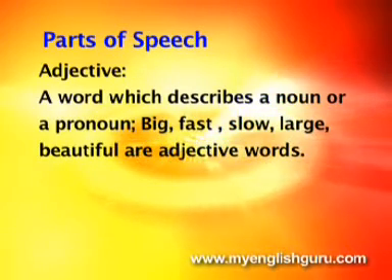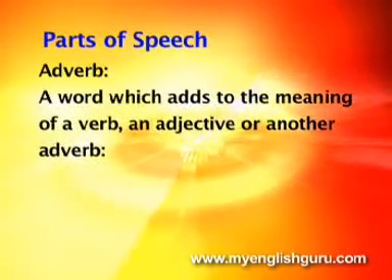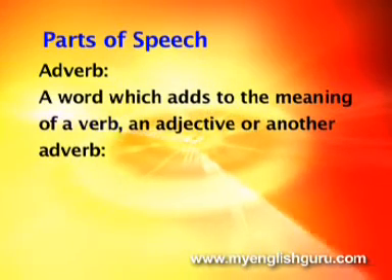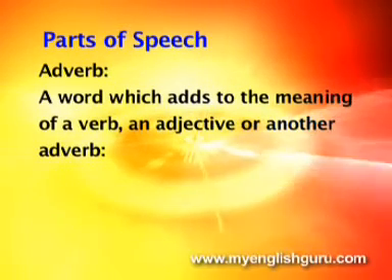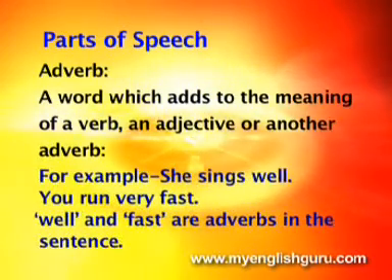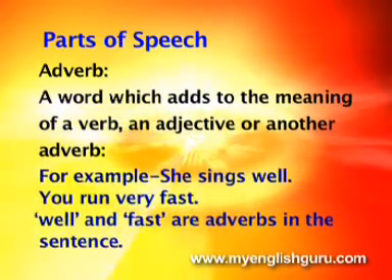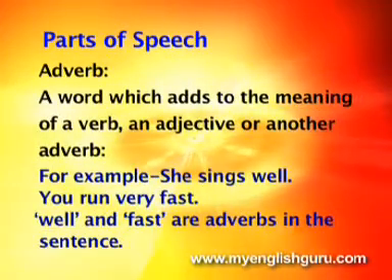Big, fast, slow, large, beautiful are adjective words. 5. Adverb. A word which adds to the meaning of a verb, an adjective, or another adverb. For example, she sings well. You run very fast. Well and fast are the adverbs in the sentences.